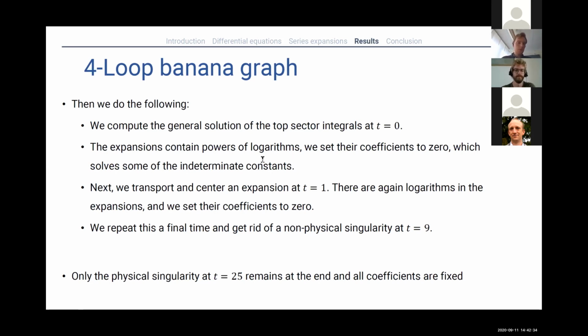So this gives you a set of equations that you can use to fix indeterminate coefficients in your general solution. Now you transport and center an expansion at t = 1, and again you'll find logarithms which shouldn't be there, and you repeat it a final time, and then you get rid of another non-physical singularity at t = 9. And so the only physical singularity that remains is at t = 25, and all the coefficients are then fixed.